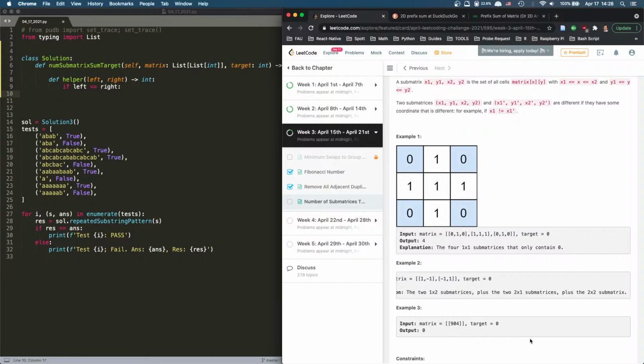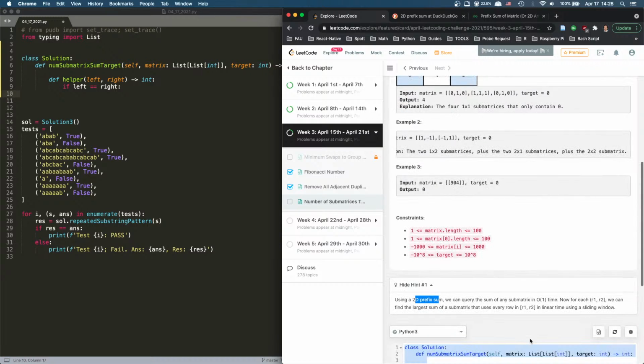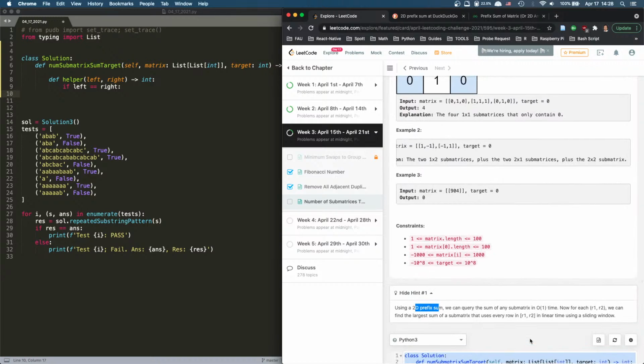Yeah, that's the problem. It's not linear time for us. The largest sum of a submatrix that uses every row, for each. What's the purpose of finding the largest sum?